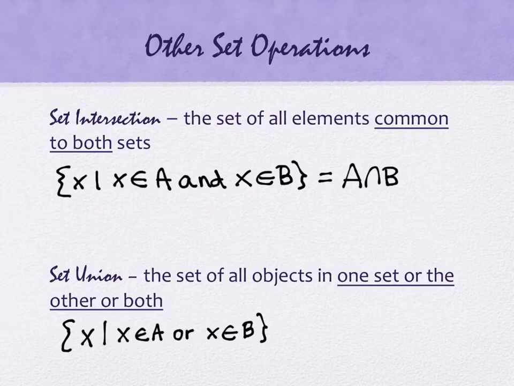It's not this or this. They can also be in both. Okay, both is included in this. Write that down if you need to remember that. And the symbol between them actually looks like a U. U for union, and it looks sort of like an N for intersection.